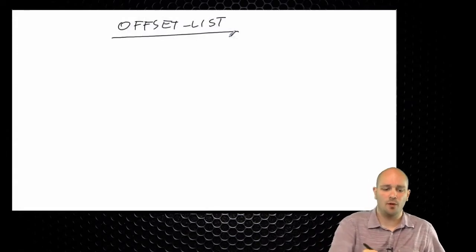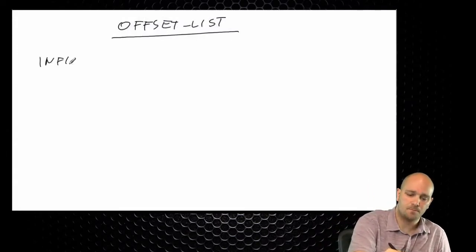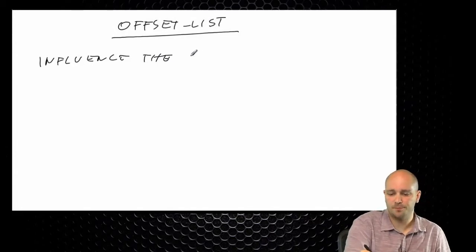An important thing that I want to talk about with EIGRP is the offset list. Now, offset list, and I mentioned it a couple of times today, is a very, very simple way to influence the metric of an EIGRP route.